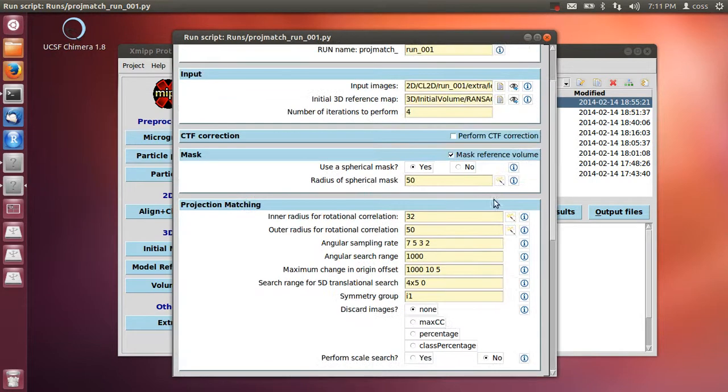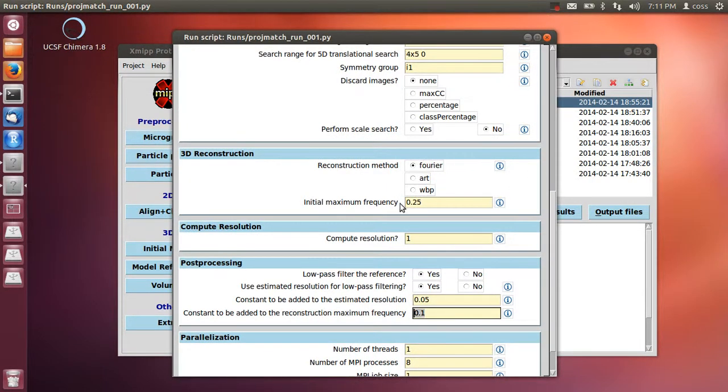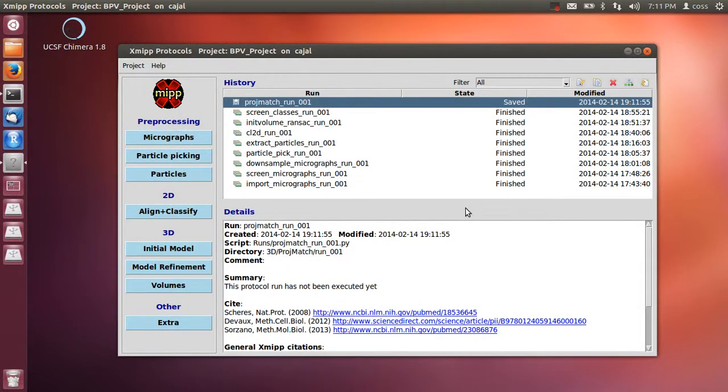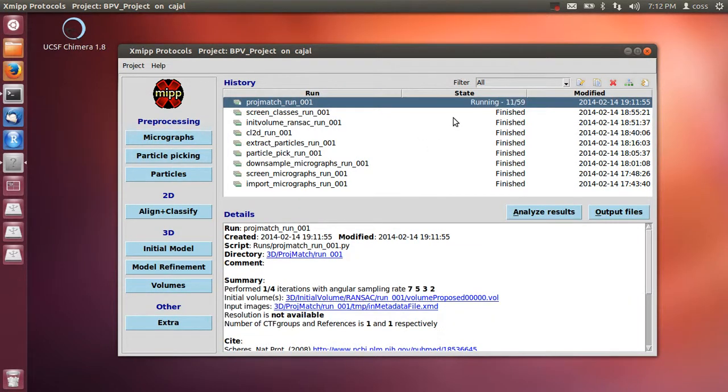Okay, so now we know how to fill this form, and we simply make the 3D reconstruction. So now it is computing.